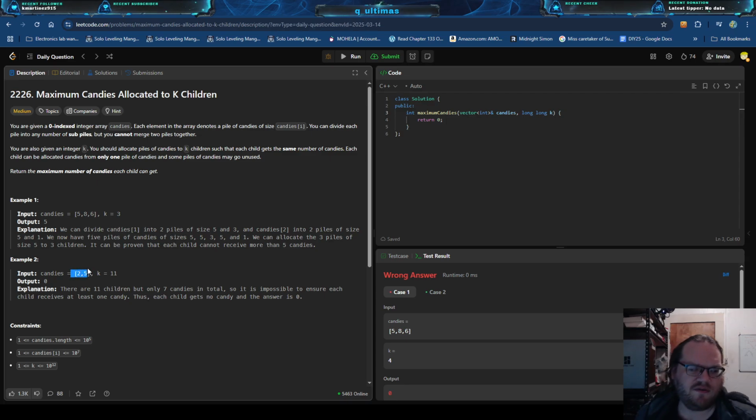So we have 2 values, and we can't divide 2 values. If you get a 1, you can't divide 1 candy. But we're always doing it by the maximum values, right? So what is the maximum half division of the greatest value?